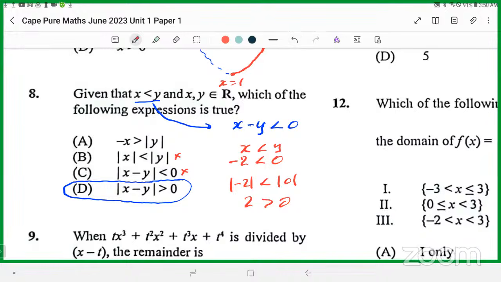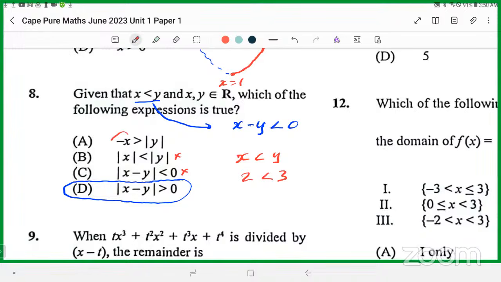And then there's a similar thing with this one. I can use positive values now for this one. For x is less than y, I'm going to put 2 is less than 3.